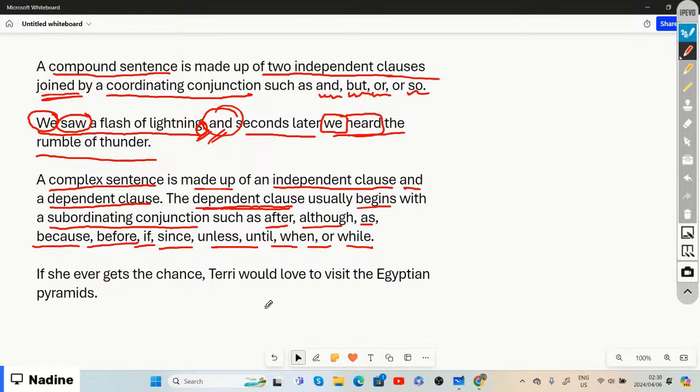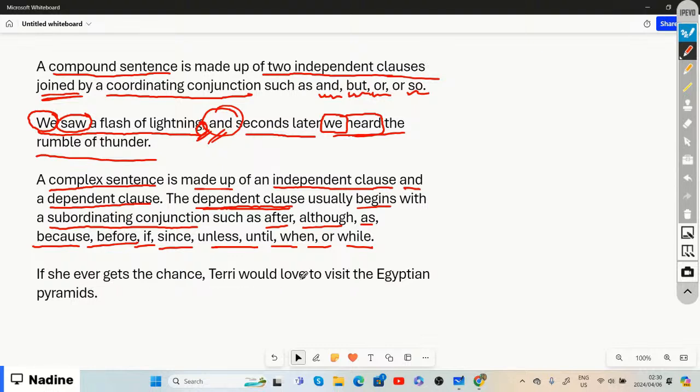So if we look at this sentence, I'm going to underline the independent clause in red, and in blue, I'm going to underline the dependent clause, right? So if we look at this whole complex sentence, it says, if she ever gets the chance, Terry would love to visit the Egyptian pyramids, right?